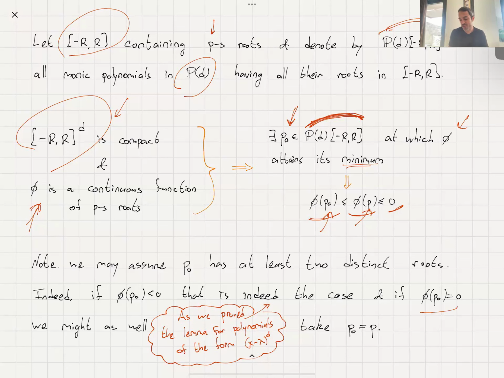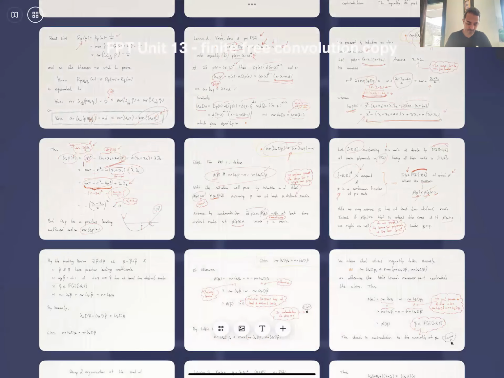And if phi of p0 is 0, then you might as well just take p as p0, because it also attains the minimum. And by assumption, p has at least two distinct roots. Okay, so we can assume that p0 in any case has at least two distinct roots.